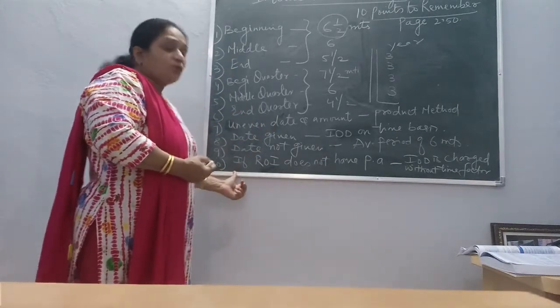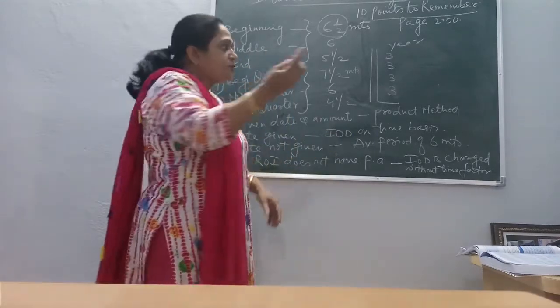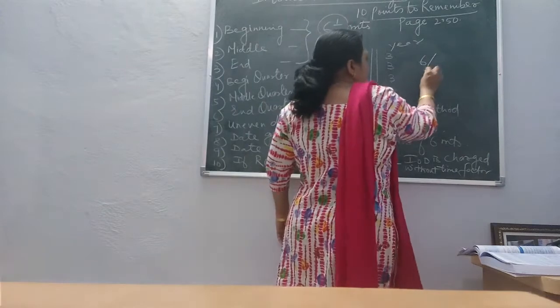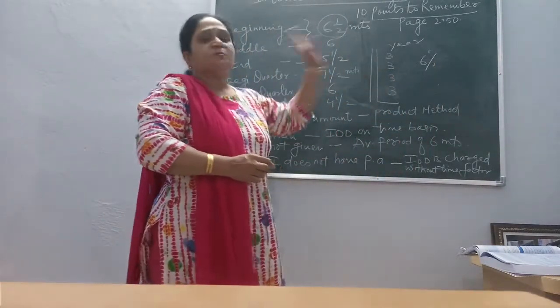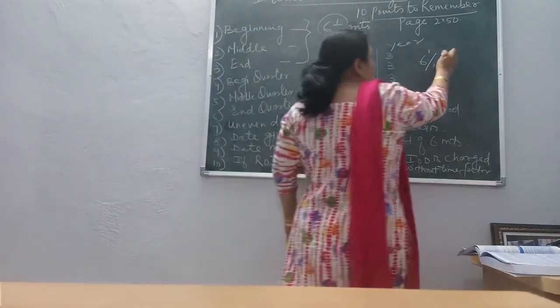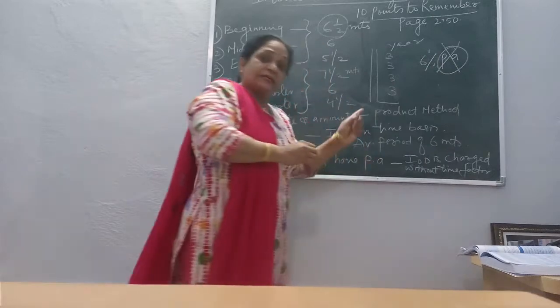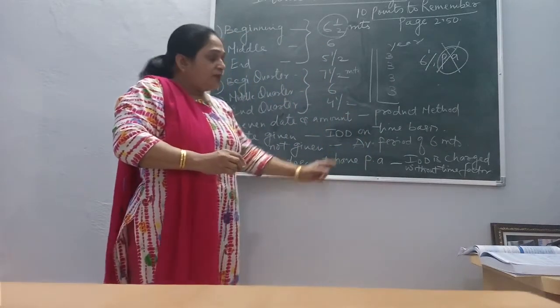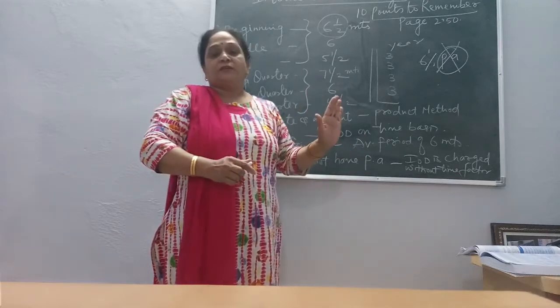Thereafter, if the rate of interest does not have the words per annum, it is only specified 6%, that is, interest on drawings is to be charged at 6%, and the words per annum are not used with it. At that time, interest on drawings is charged without considering the time factor.